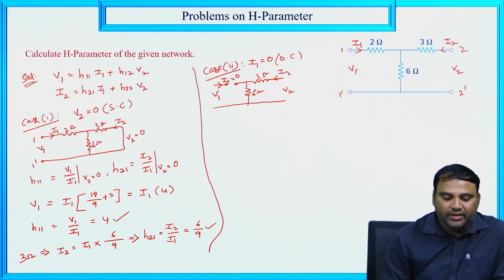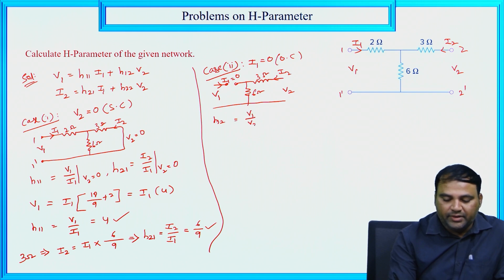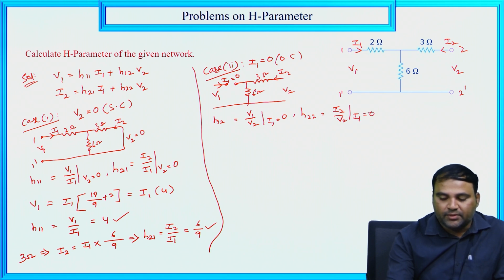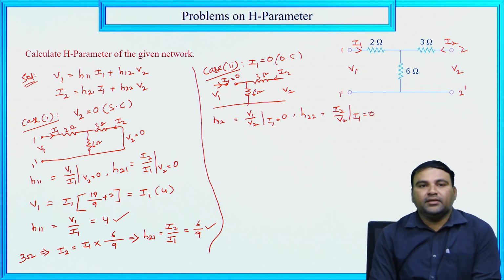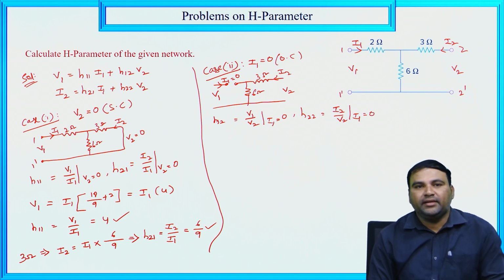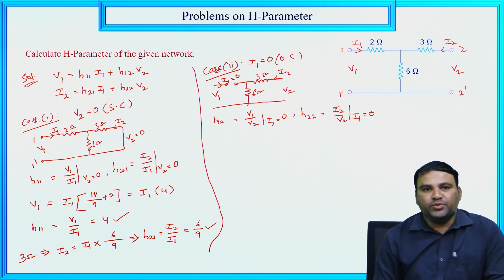So if I1 equal to 0, H12 equal to V1 by V2 when I1 equal to 0, and H22 equal to I2 by V2 when I1 equal to 0, right? So now here we have to calculate the H12 and H22, okay?